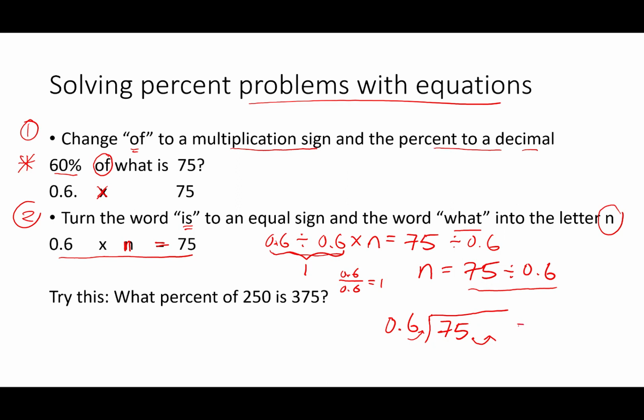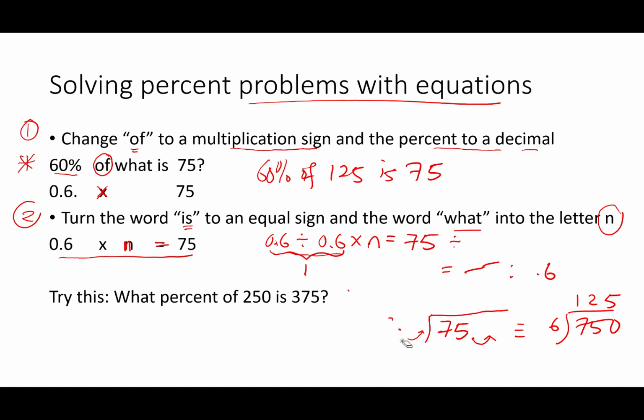So it's equivalent to 750 divided by 6. If you do that, you will find the answer to be 125. So 60% of what is 75? We know that 60% of 125 is 75.